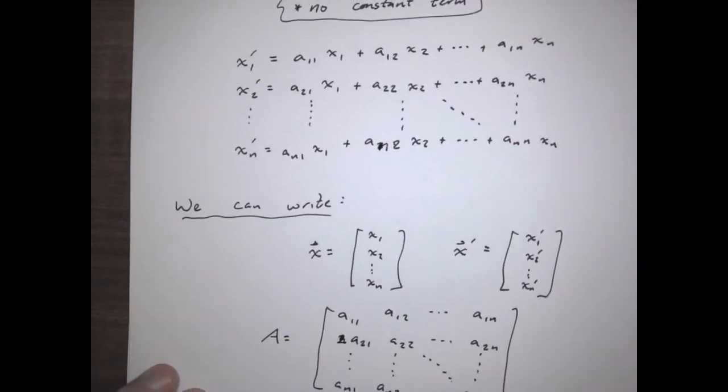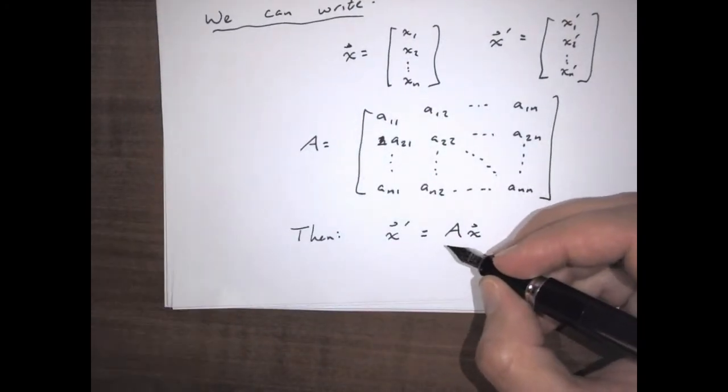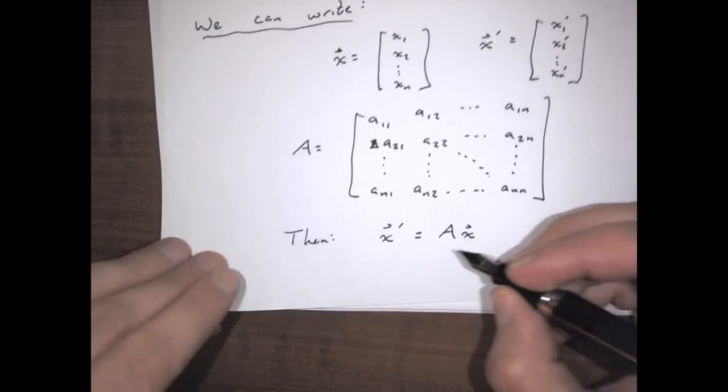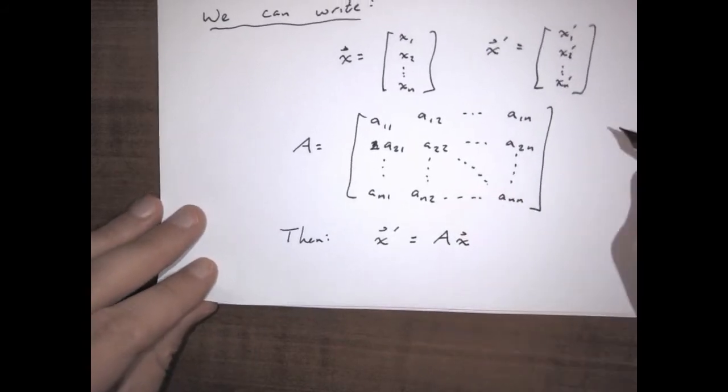Now if we're thinking about this in terms of vectors and matrices, then the derivative here is in fact the equivalent of doing a linear transformation on the original function, which we can represent with the matrix.